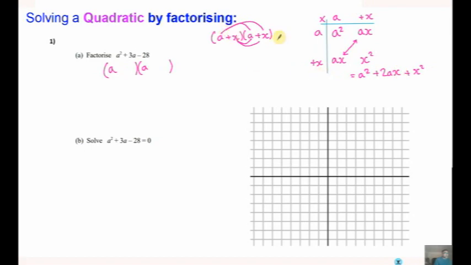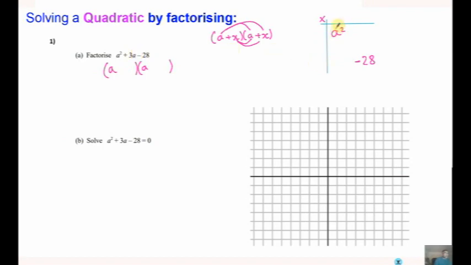Now, in order to work this out, if I go backwards on this grid, I'm going to take away what we were doing there to show you what it looks like when it's expanded, and I'm going to try and figure out from this expanded version. If I put those values back into my grid, the a squared sits up there, the minus 28 would go down to the bottom there, and these two values would have to add up to plus 3.